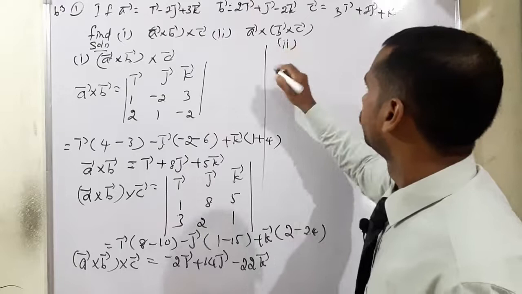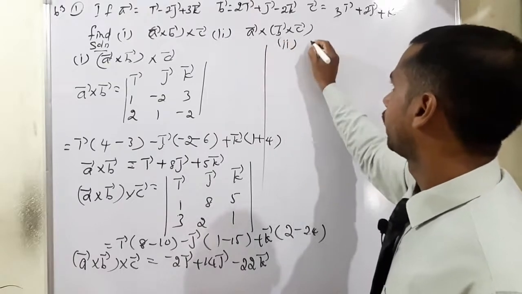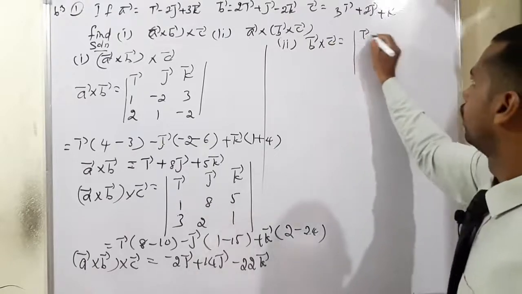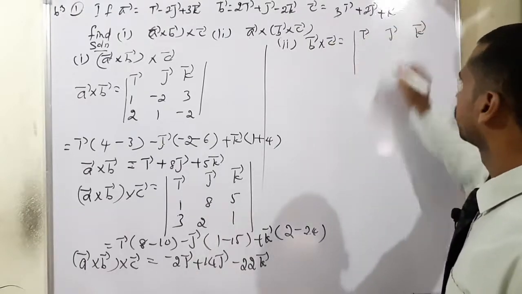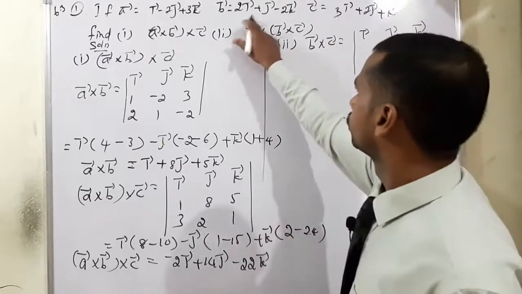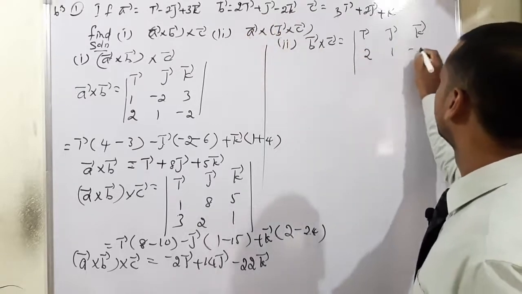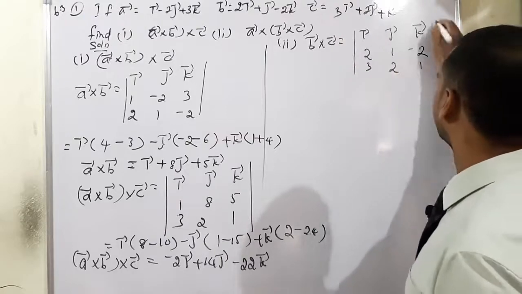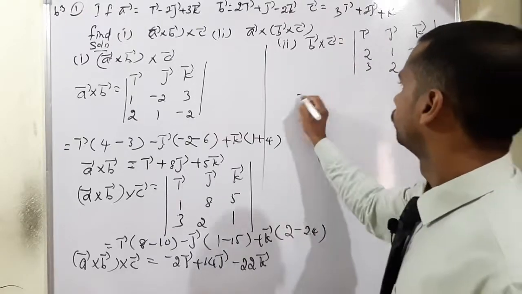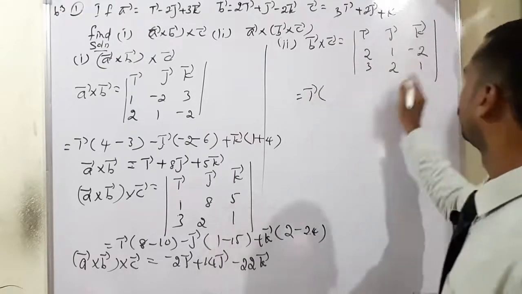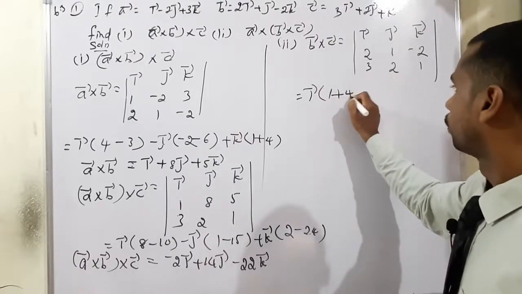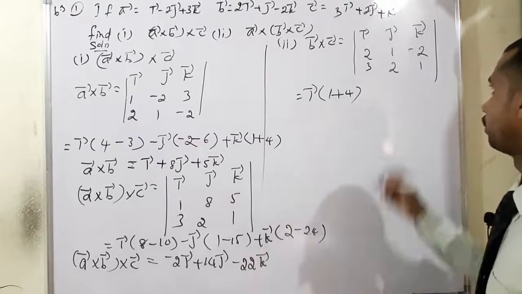Subdivision 2. First we have to simplify the bracket term, that is B vector cross C vector. Again determinant i, j, k; B vector means 2, 1, minus 2; C vector means 3, 2, 1. Now i vector means 1 into 1, 1, minus 2 into 2, minus 4, but positive 4, because whenever we cross multiply there is an extra minus.